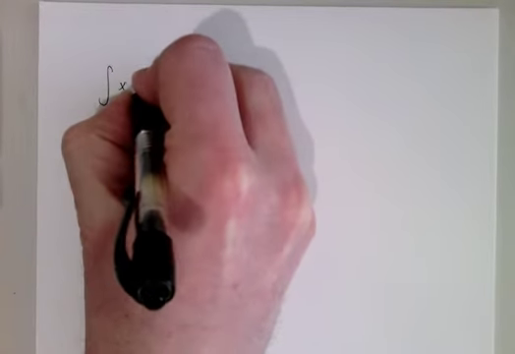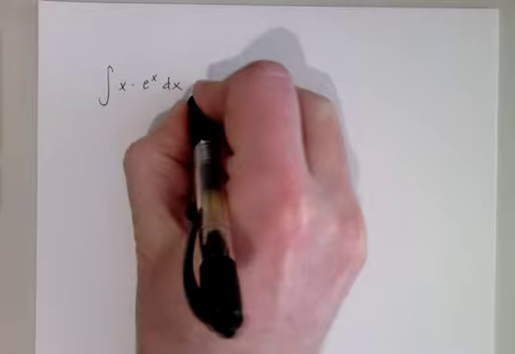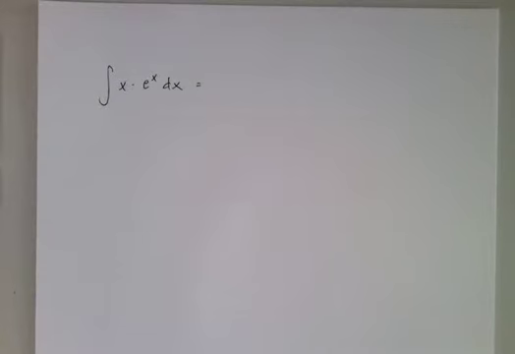How about x e to the x dx? We'll just do some really easy ones on this first video, and then we'll get to more complicated ones in following videos. This one, obviously, is kind of the same variety as x times cosine x dx.